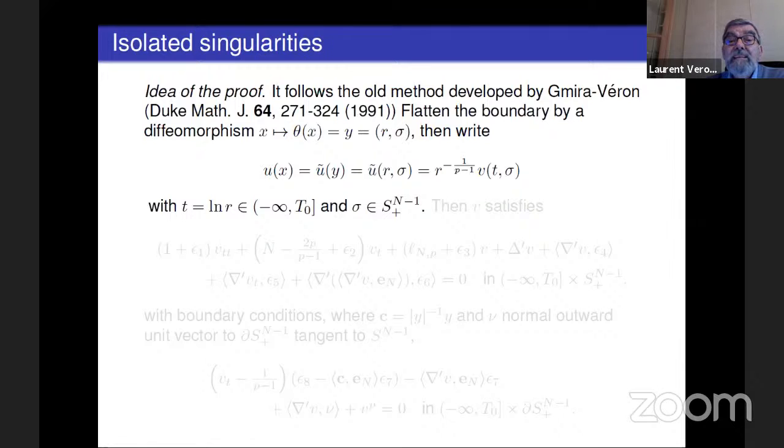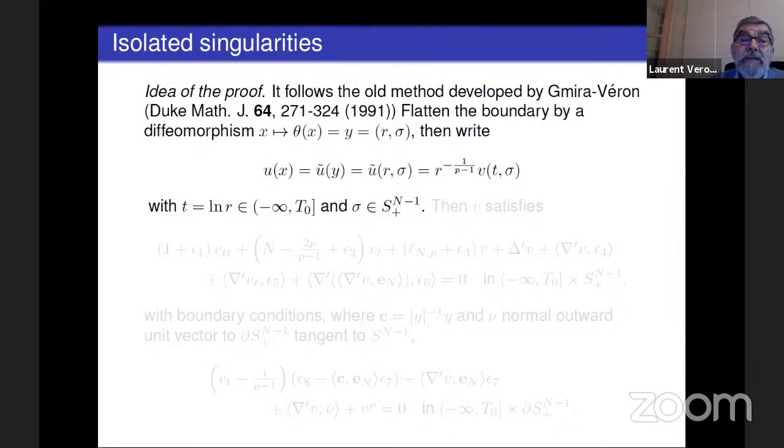And you write the new equation which is satisfied by u tilde of y. We write u of x as u tilde of y, which is now u tilde of (r, sigma), and this is r to the minus 1 over (p-1) times v of (t, sigma). An important fact is that, due to the estimate, the function v is going to be bounded. I take the standard Emden transform, which takes t to be logarithm of r.